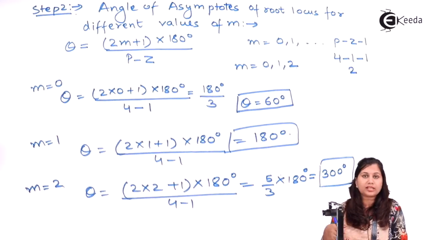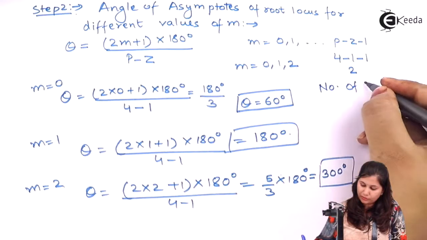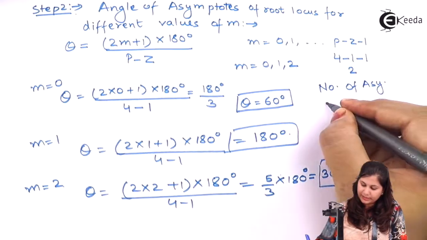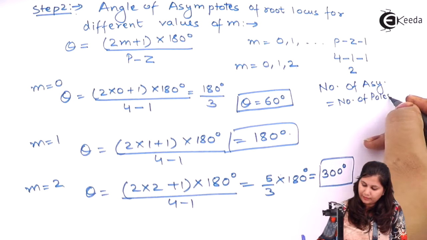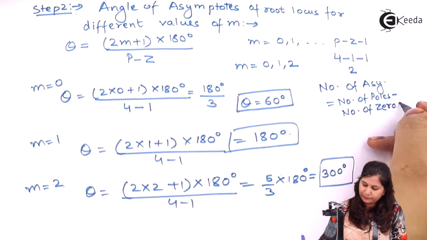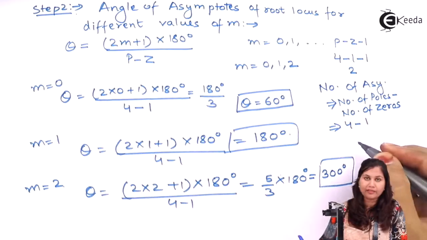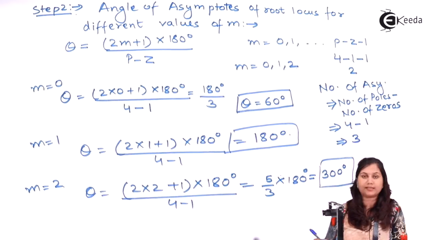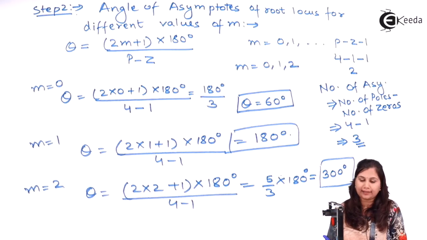Number of asymptotes is equal to number of poles minus number of zeros. Poles we are having as 4 and zeros we are having 1. So we are having 3 asymptotes. So for these 3 asymptotes we are having 3 angles.